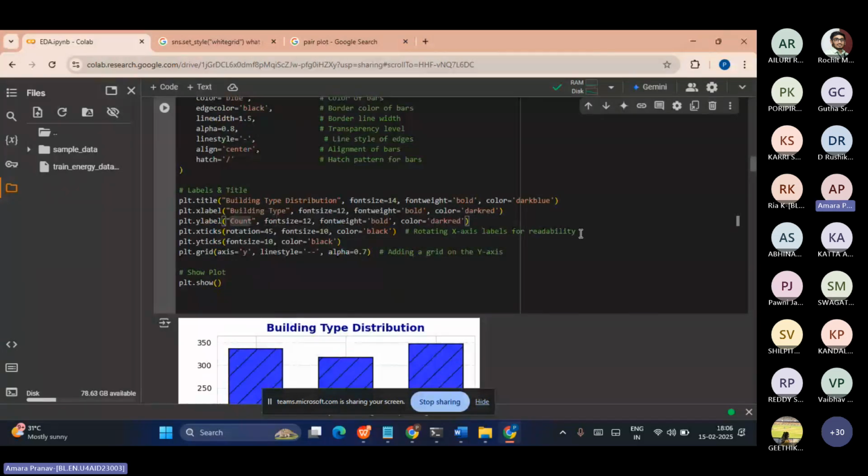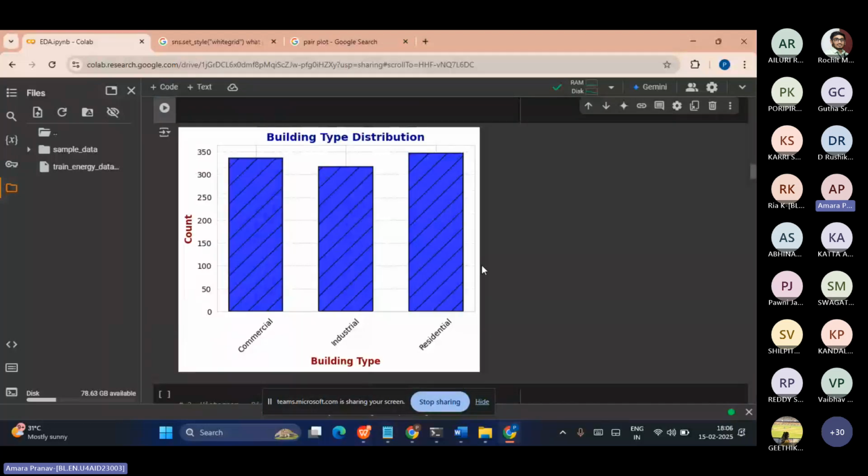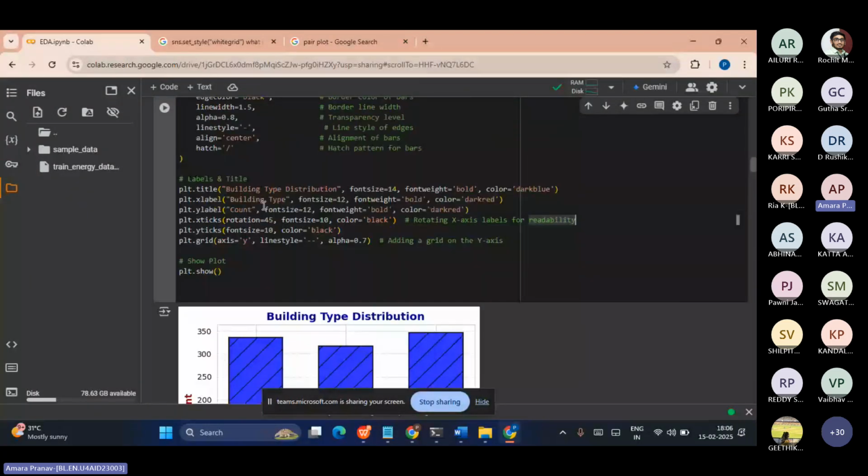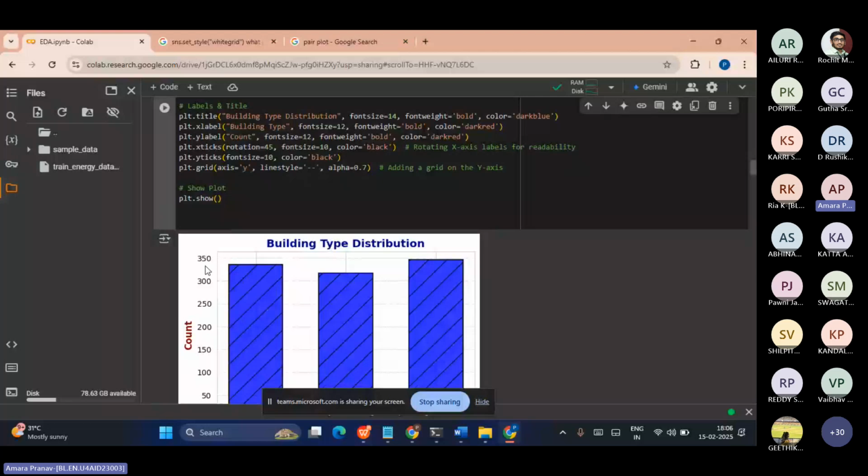You can see commercial, industrial, residential are oriented at 45 degrees. So here you have set the rotation to 45 degrees and the font size to 10, which again you can change. And yticks is 10, so there is no rotation here; it's all straight. And this is the line style, double dash, and alpha.